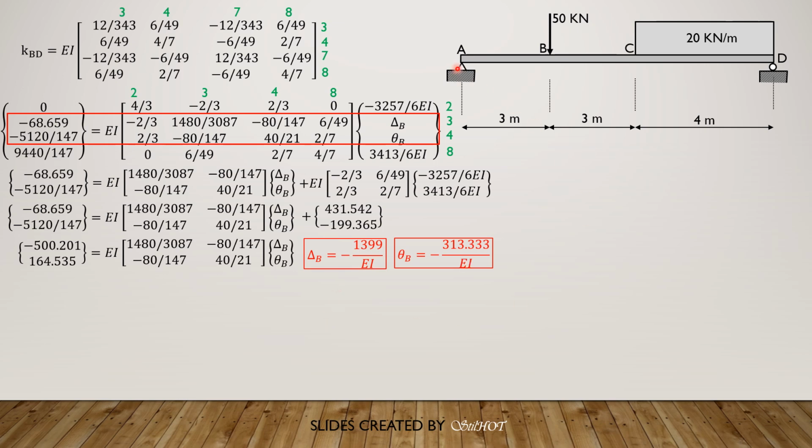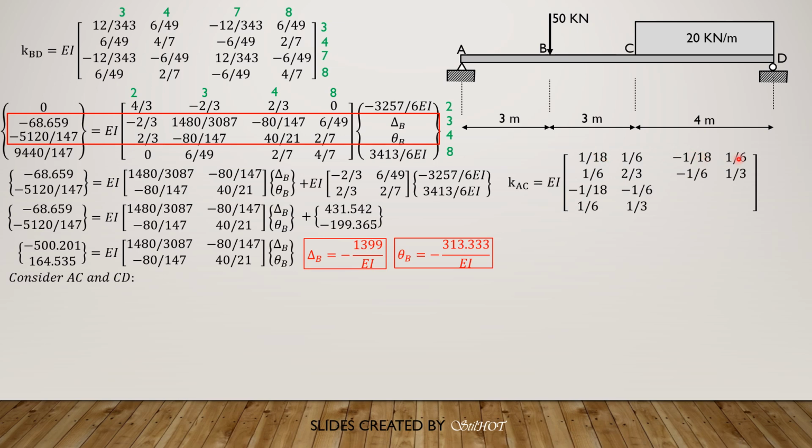Then finally, we consider AC and CD. So we have the stiffness for member AC: EI times 12 over 6 cubed is 1 over 18, 6 over 6 squared is 1 over 6, then the negative of 1 over 18, then copy 1 over 6. Then 6 over 6 squared is 1 over 6.